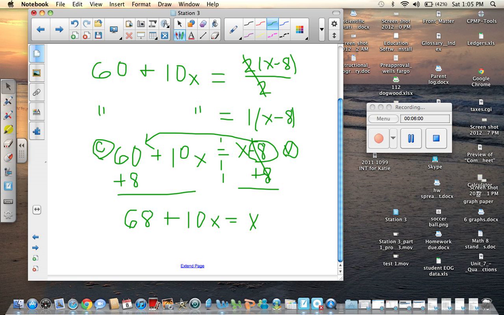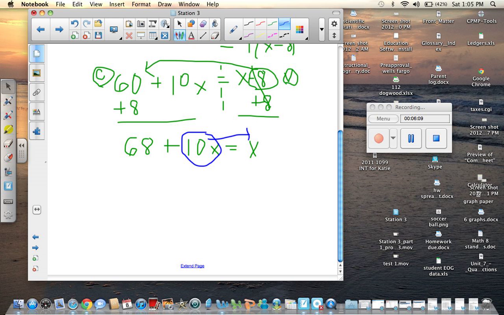Now we need to move this 10x from the constant side over to the variable side. And to do that, we need to use inverse operations. So the inverse of addition is subtraction, so we subtract 10x from each side. On the left side, 10x minus 10x is equal to 0.